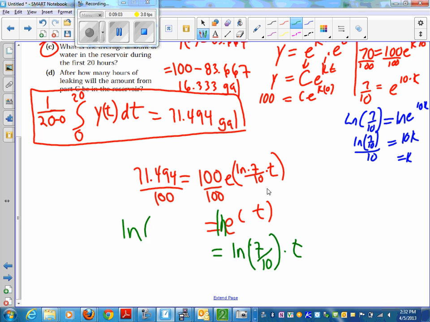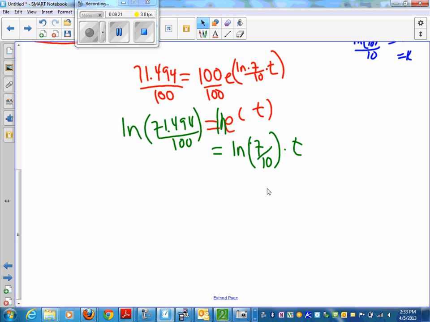So natural log of 71.494 over 100. Well, instead of writing that, we could just move the decimal over twice. Write 0.7149. Let's see if we can do this with a calculator now. And then we're going to divide by the natural log of 0.7 divided by 10.